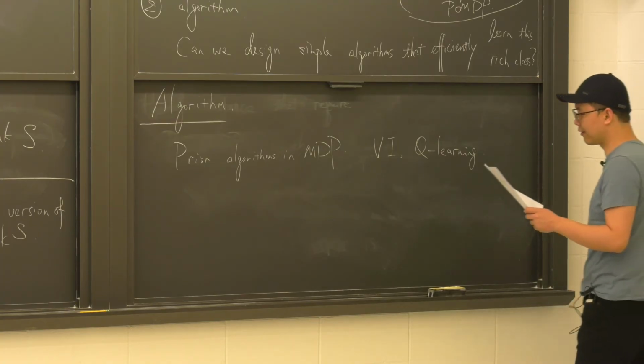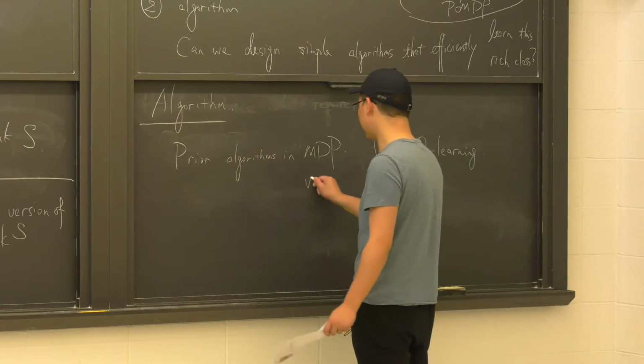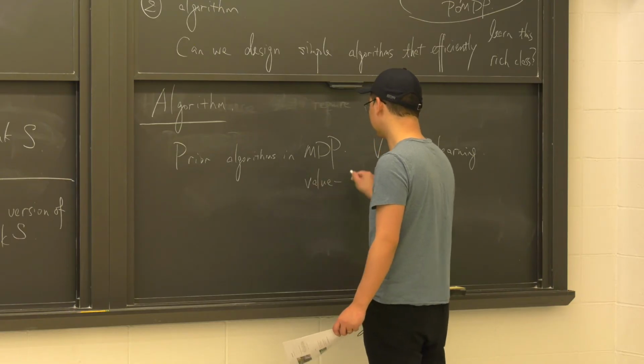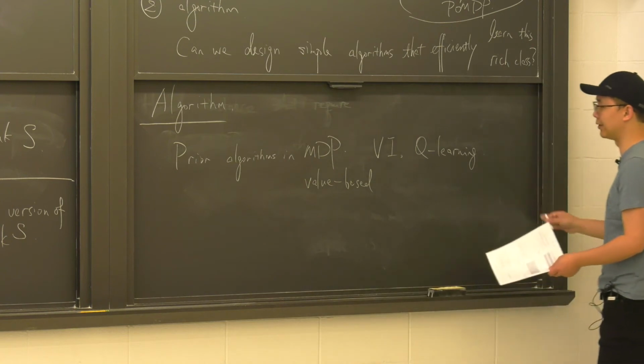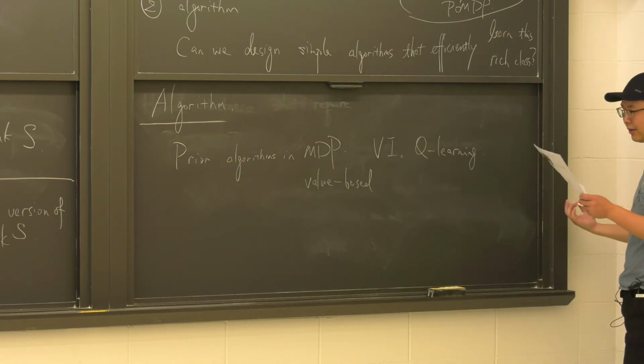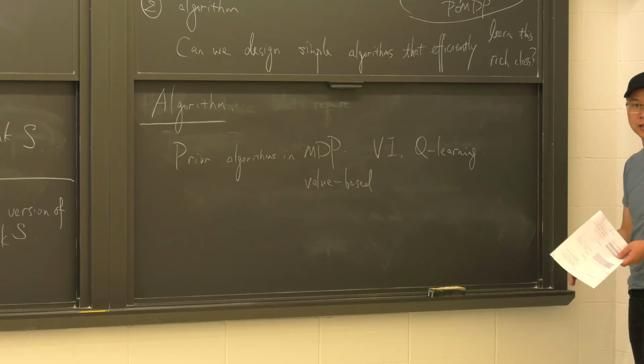They are all essentially value-based. The key part is learning the Q value, or even in the multi-agent reinforcement learning setting, learning the V value.